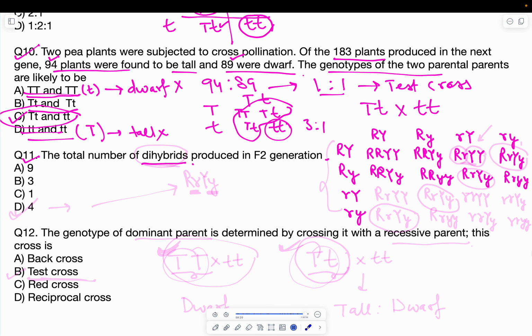Right, so you have to find out dihybrids in this. So let me complete this Punnett square.